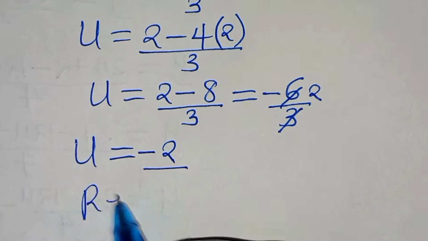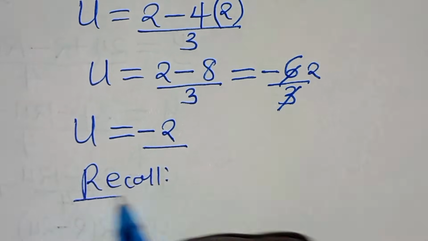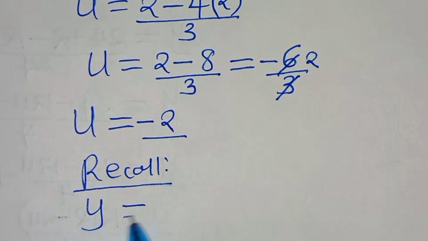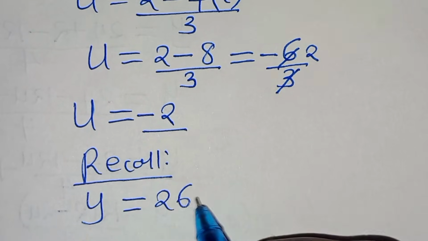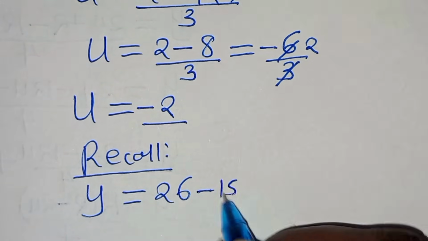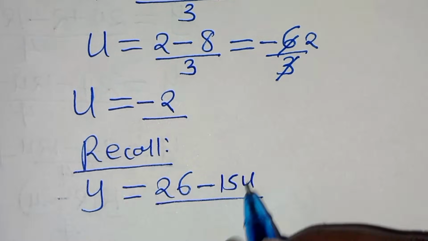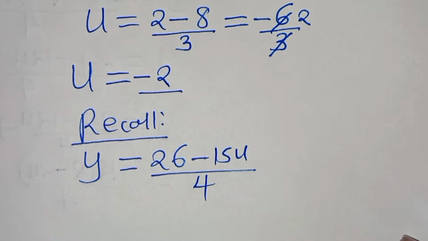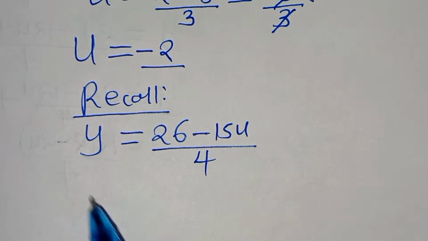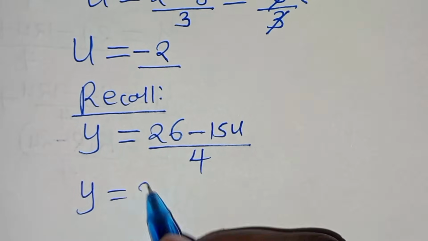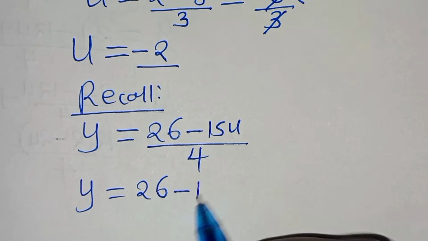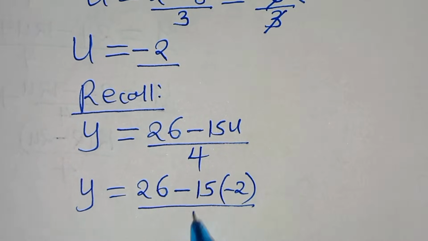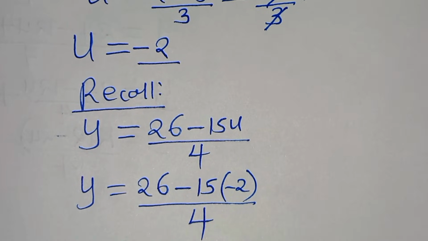Again, if you recall, we are saying that let y be equal to 26 minus 15u divided by 4. Now let's substitute the value of u, which is minus 2, so that now we have y is equal to 26 minus 15 multiplied by minus 2, everything divided by 4.